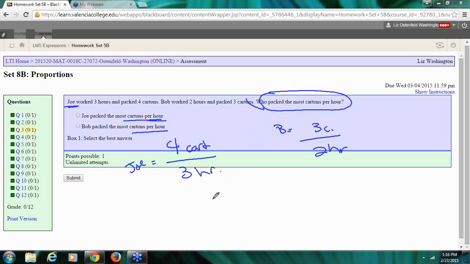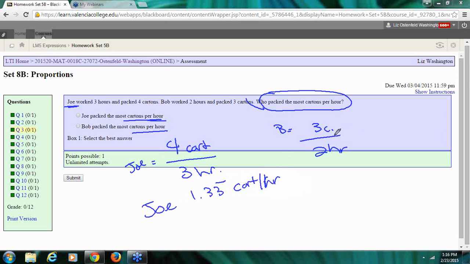So what I would do here is I would actually divide these. I would say 4 divided by 3. Okay, hold on. 4 divided by 3 just gives me, so Joe did 1.33 cartons per hour.